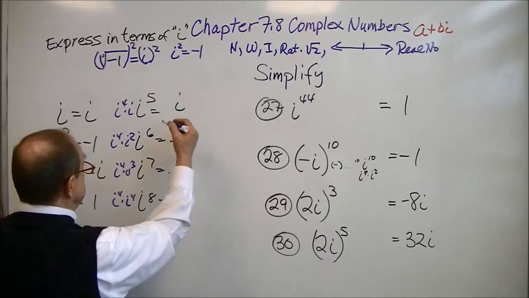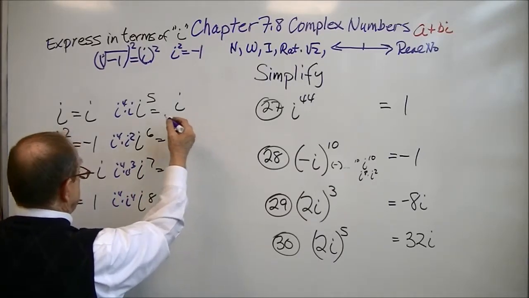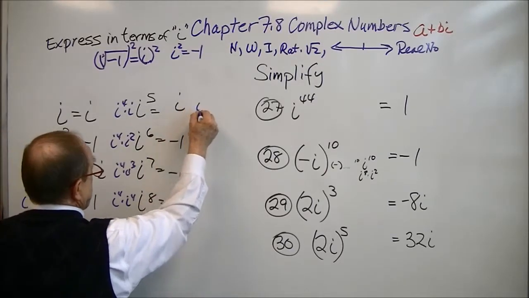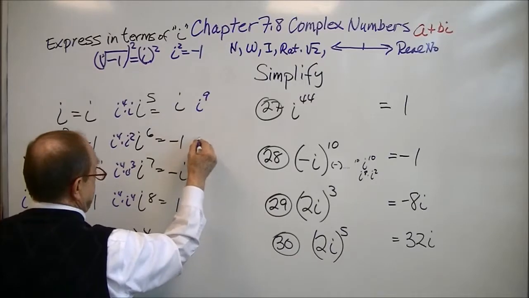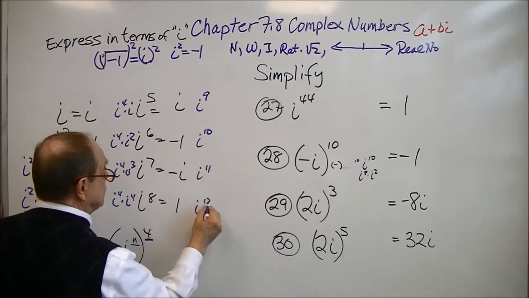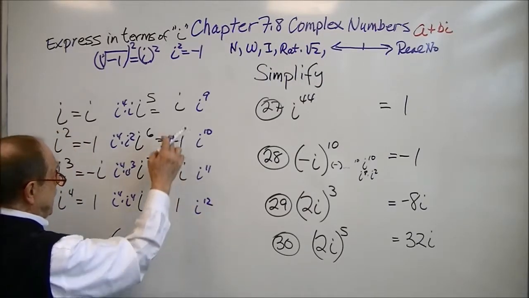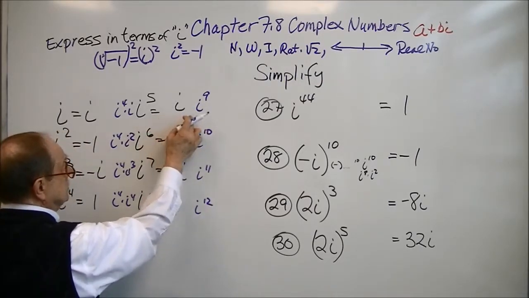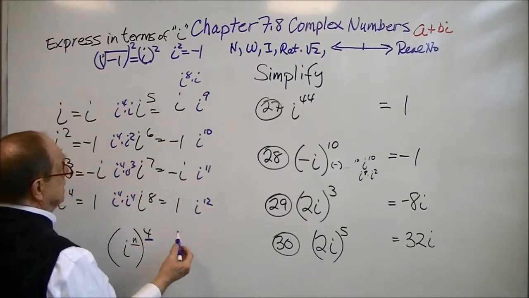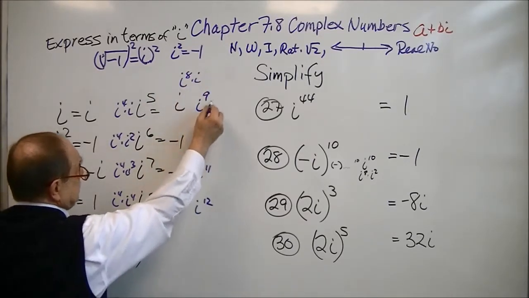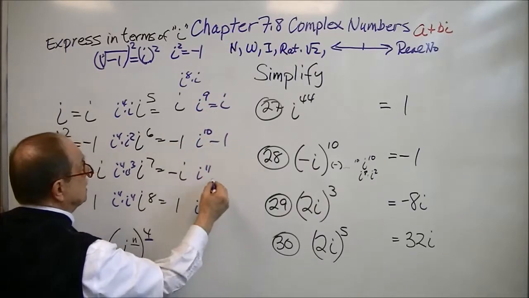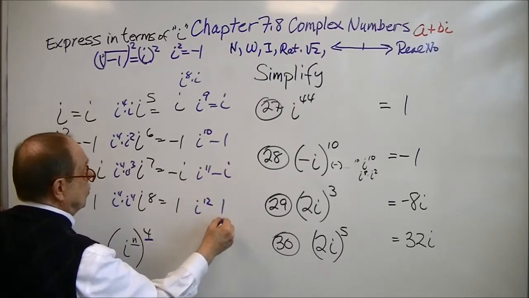So if we went to the next level, i to the 9th, i to the 10th, i to the 11th, i to the 12th, the answers would be the same, because this would be i to the 8th times i, and this would just be i, negative 1, negative i, 1.